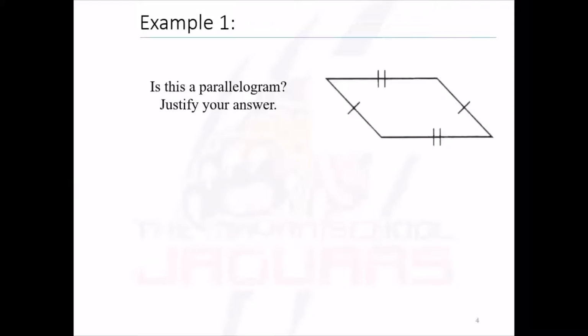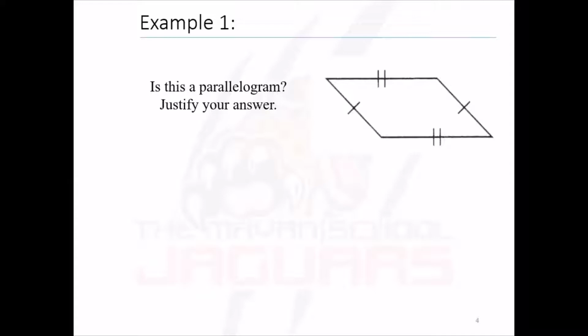Let's make an example. In example 1, I have this figure that I'm giving to you, and the question is: is this quadrilateral a parallelogram? So think a little bit, and let's see what we have in here.